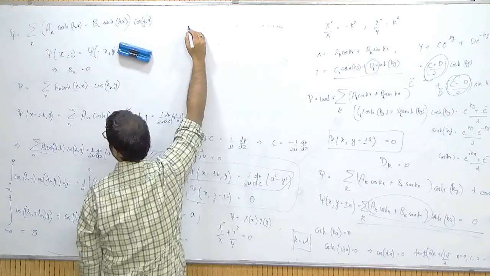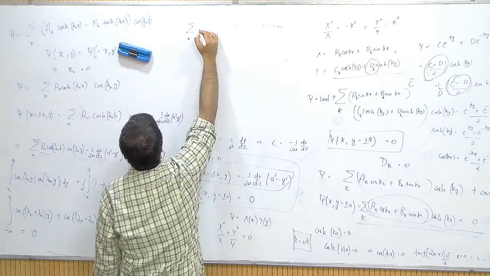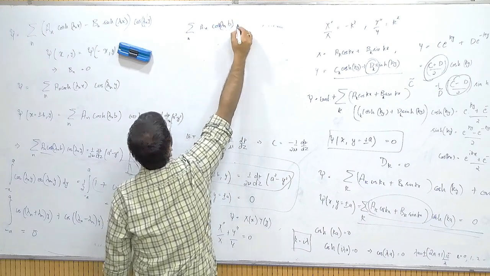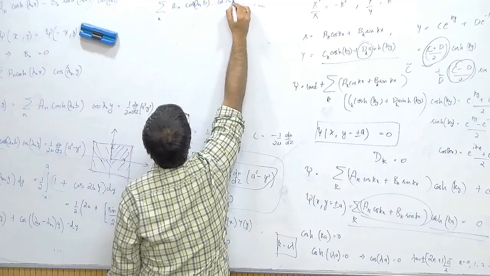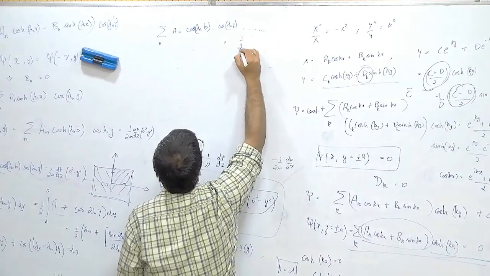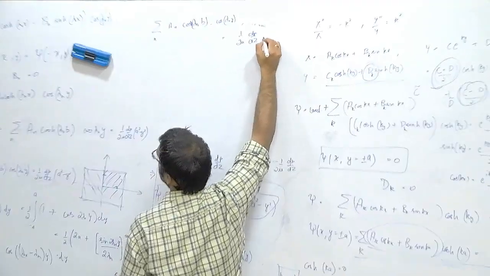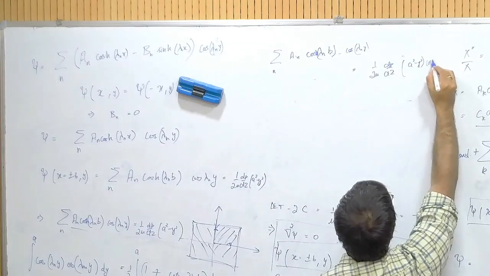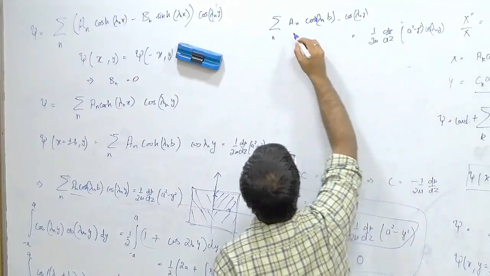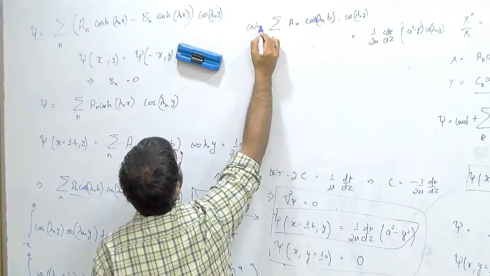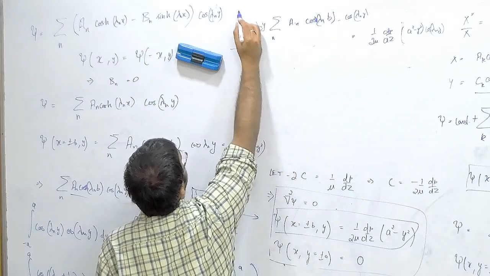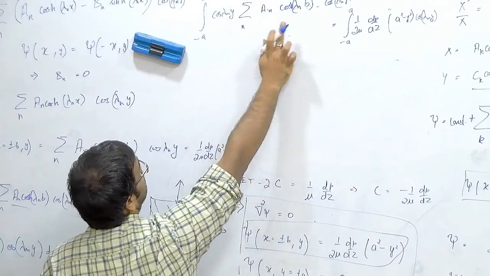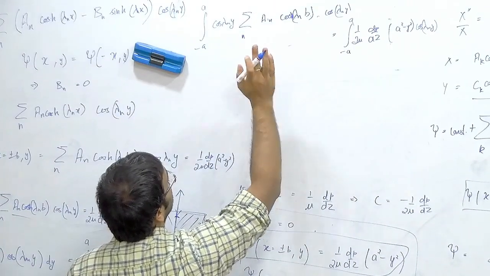So, we have a n cos hyperbolic lambda n b cos lambda n y equals 1 by 2 mu dp dz a square minus y square. I multiply on both sides by cos lambda m y and integrate from minus a to a. The only term that survives is when n is equal to m, the rest all will be 0.